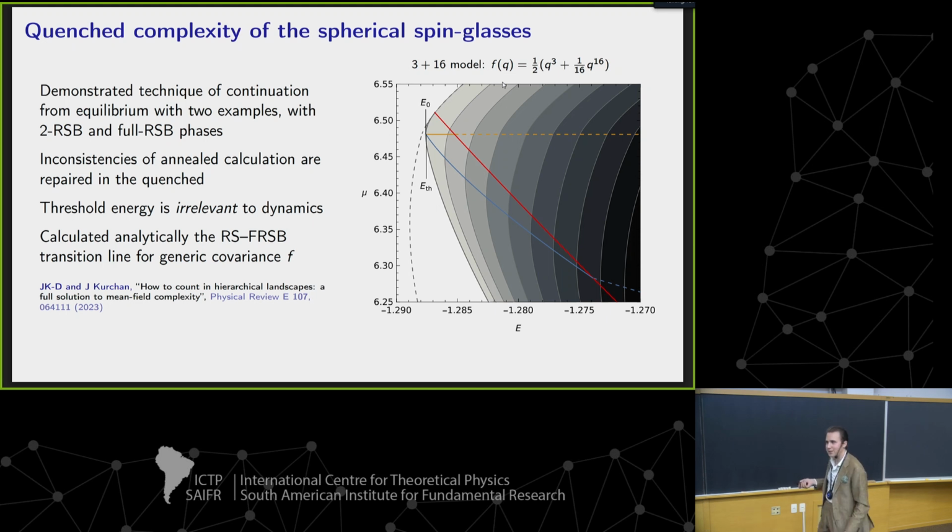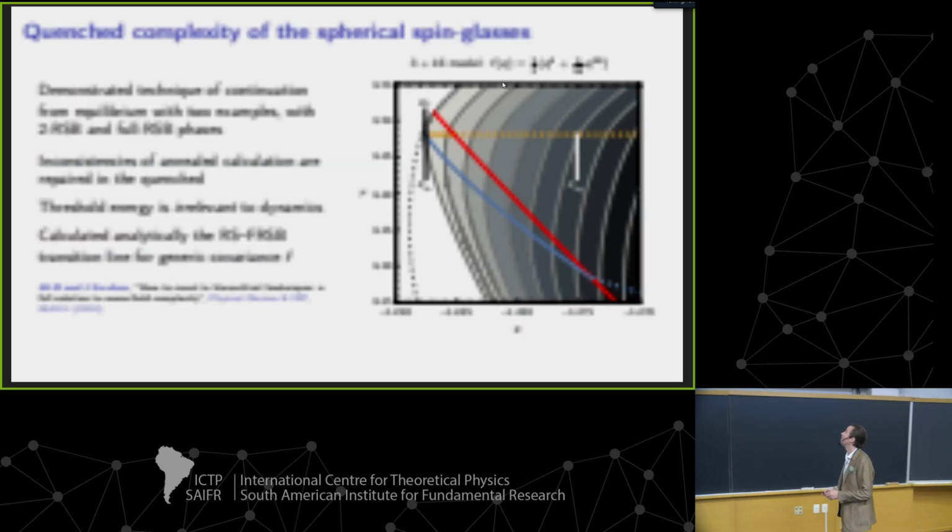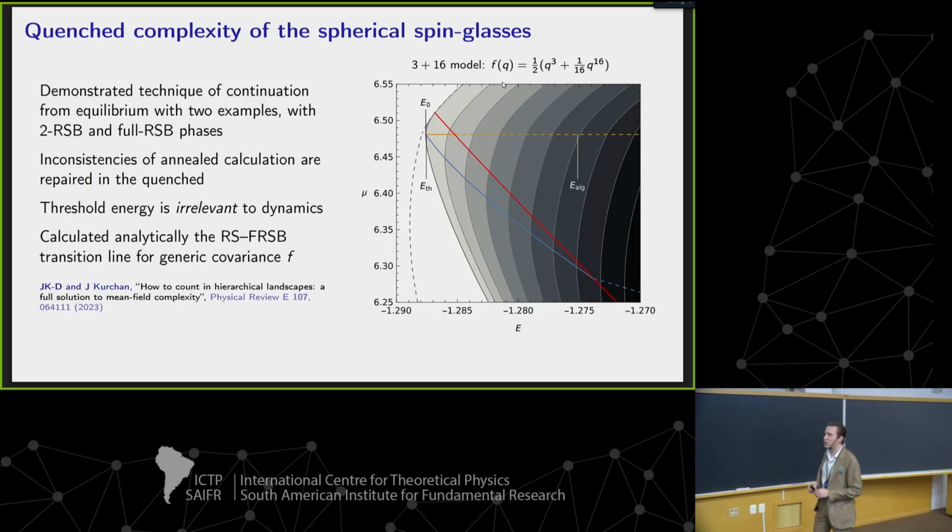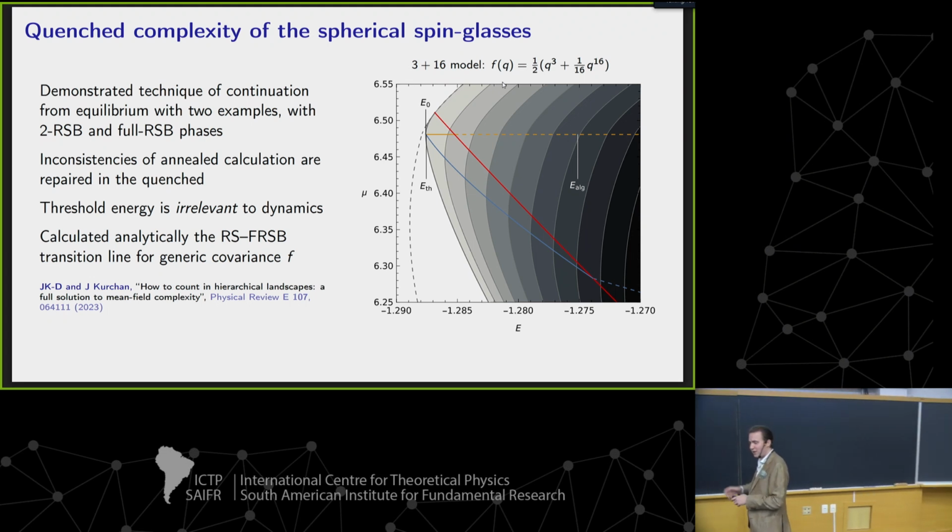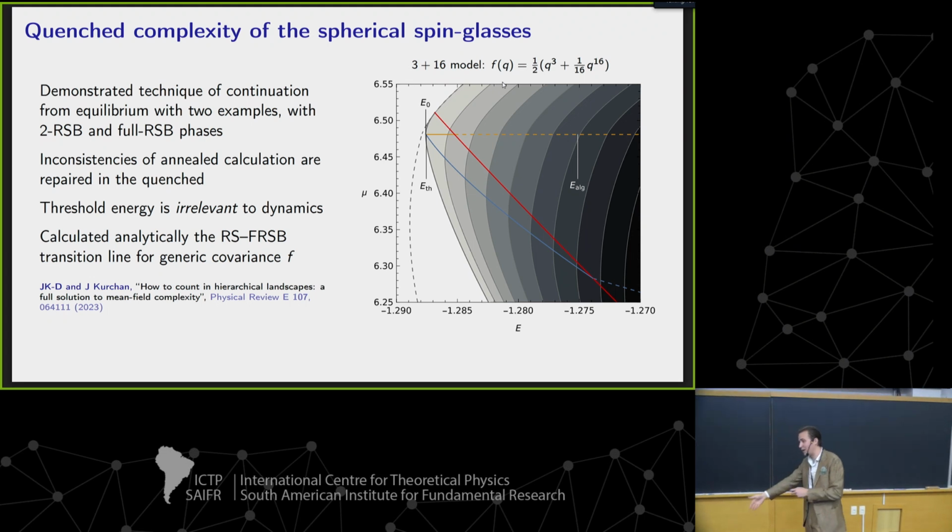Is there anything interesting to say from this? And there already is one very interesting thing to say, which is that we can say with very high certainty that the threshold in this case is completely irrelevant to dynamics. And the reason for that is that our mathematician friends have proven, as I told you about the simple models, they also proved the algorithmic limits for these models, not just in an annealed case.